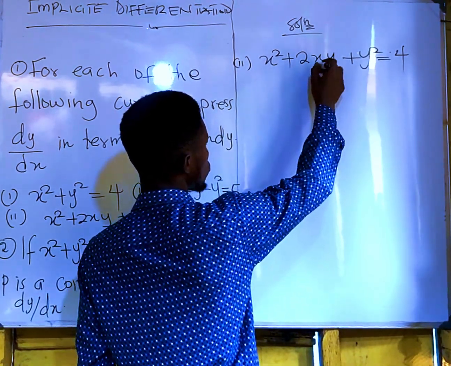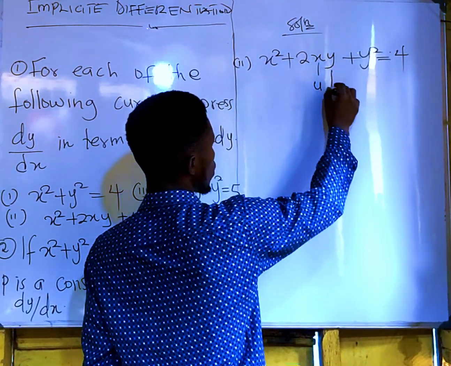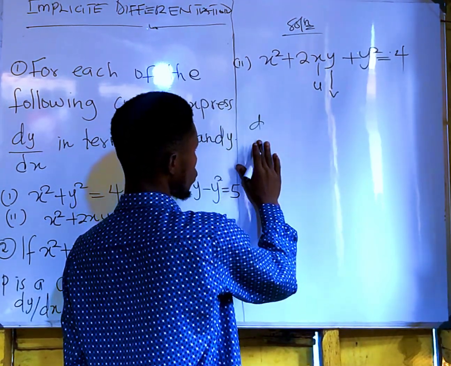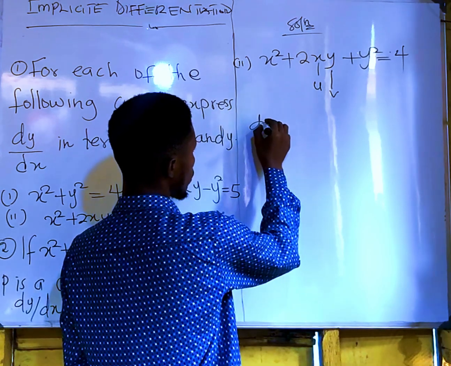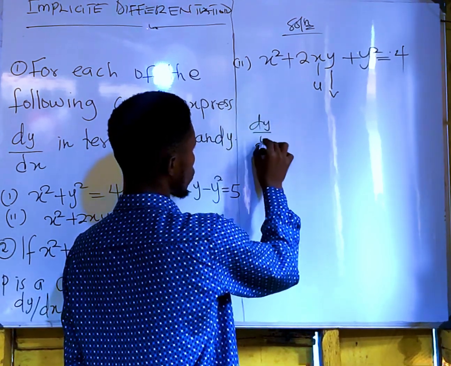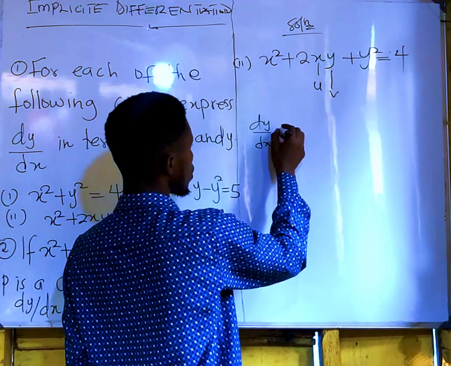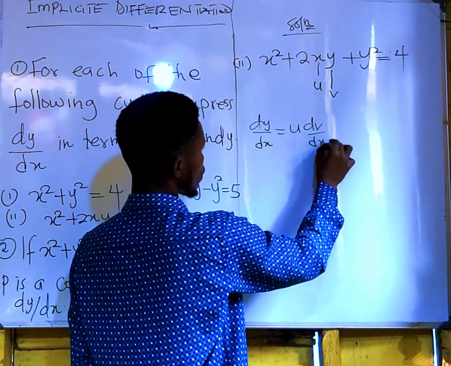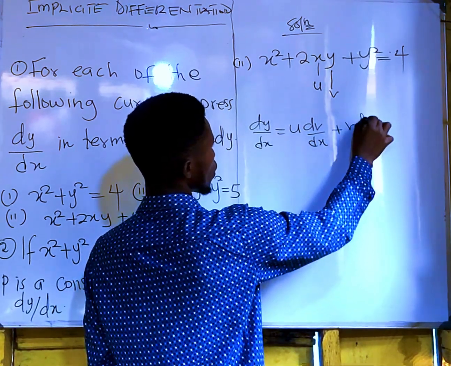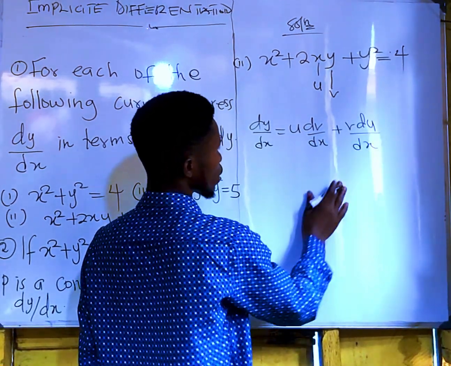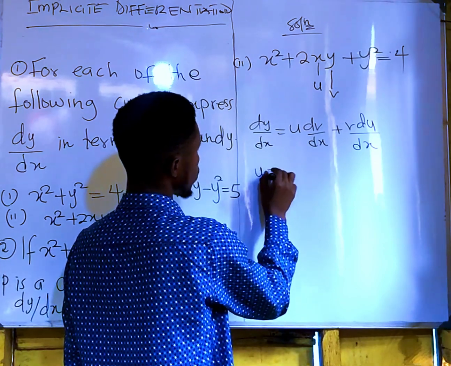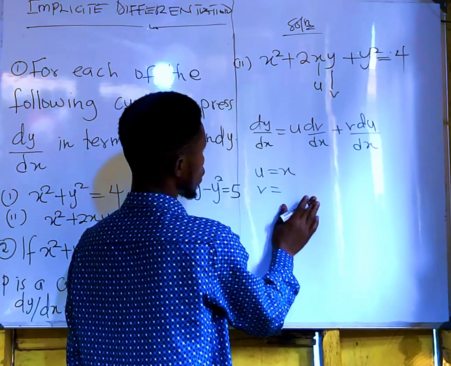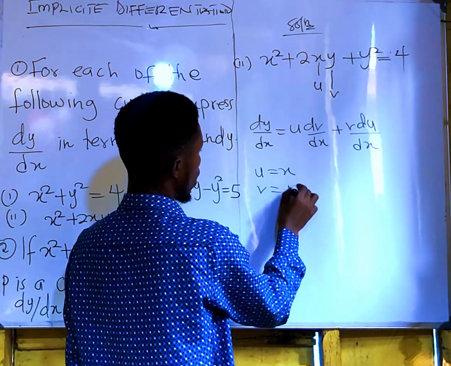So for the product rule, if I make this u and this one v, then by the product rule we are going to have d/dx of uv equals u dv/dx plus v du/dx. Is that okay? It means that our u is x, our v is y.